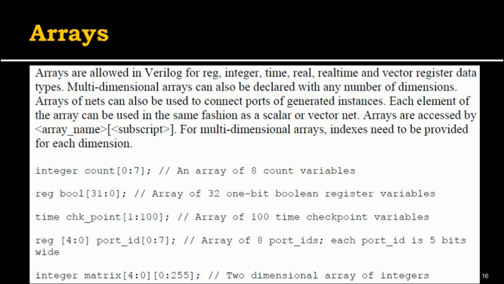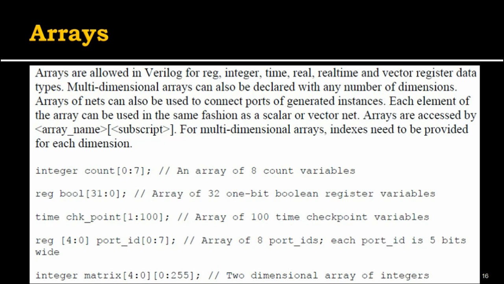Arrays of nets can also be used to connect ports of a module instance. Each element of an array can be used in the same fashion as a scalar or vector net. Arrays are accessed by array name, then subscript. For multi-dimensional arrays, the index needs to be provided for each dimension.